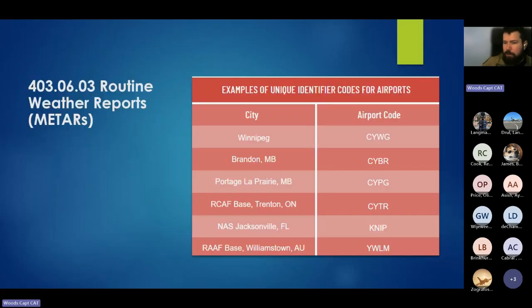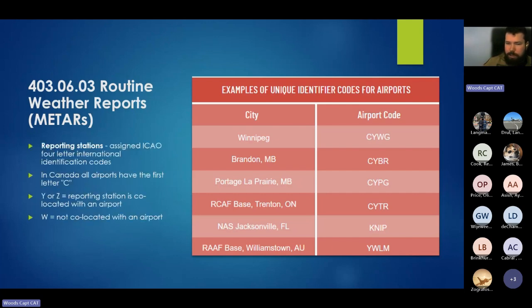So these are unique identifier codes for airports. Every airport has an ICAO code. In Canada, they all start with a C. If it has a Y or a Z, that means that the reporting station is at an airport. So CYWG is at Winnipeg, this one's at Brandon, etc. If it has a W, it is not at an airport.